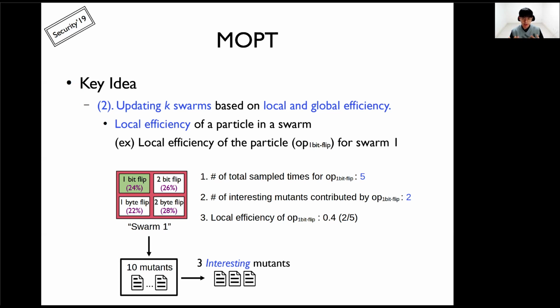And out of the 5 times, it contributed to generating 2 interesting inputs. And then the local efficiency is calculated by simply dividing the number of interesting mutants contributed by the operator into the total number of sample times of the operators. So in this case, the local efficiency of the 1-bit operator will be 0.4.